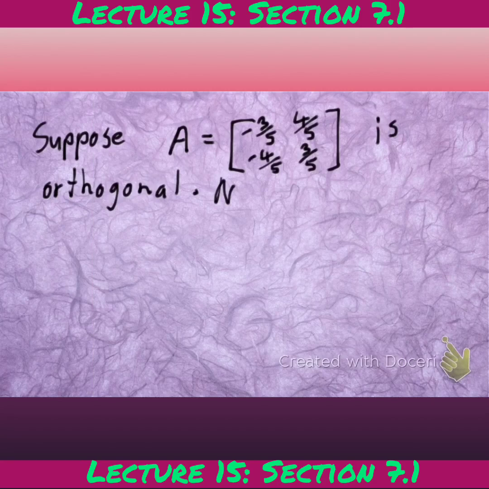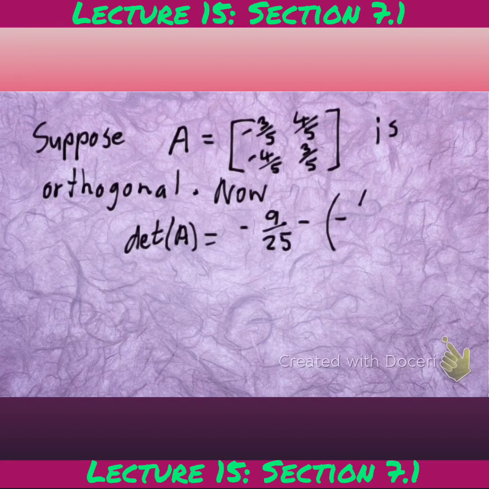Right, now if we look at the determinant of A, it's going to be minus 9 over 25 minus minus 16 over 25.